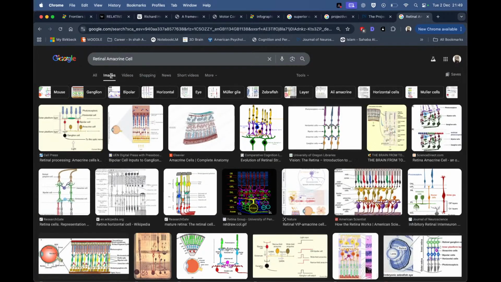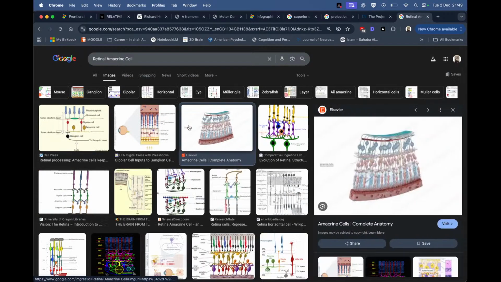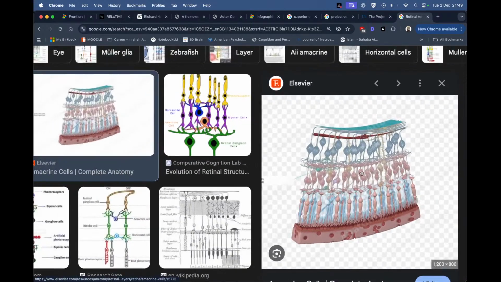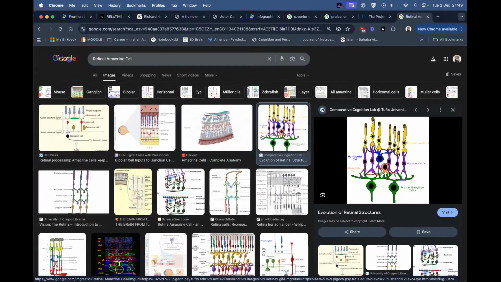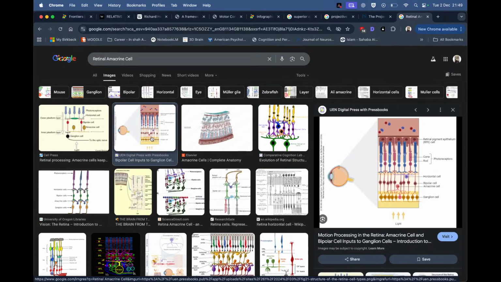We can break down the amacrine cells. Wow, subhanallah.